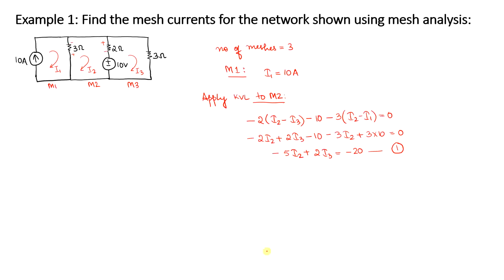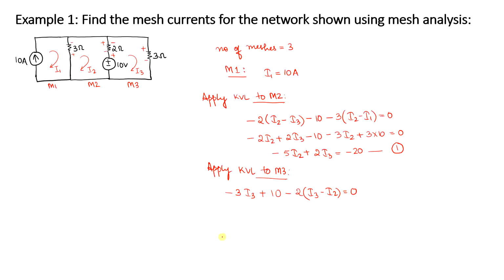Similarly, apply KVL to the third mesh. So when you apply KVL to the mesh 3, you get this as, again this mesh current is in the clockwise direction, so this becomes plus minus, this becomes plus minus here. So this is minus 3 times I3 plus 10 minus 2 times, which is the dominant current? It is the current I3. So this can be written as (I3 minus I2) equal to 0.